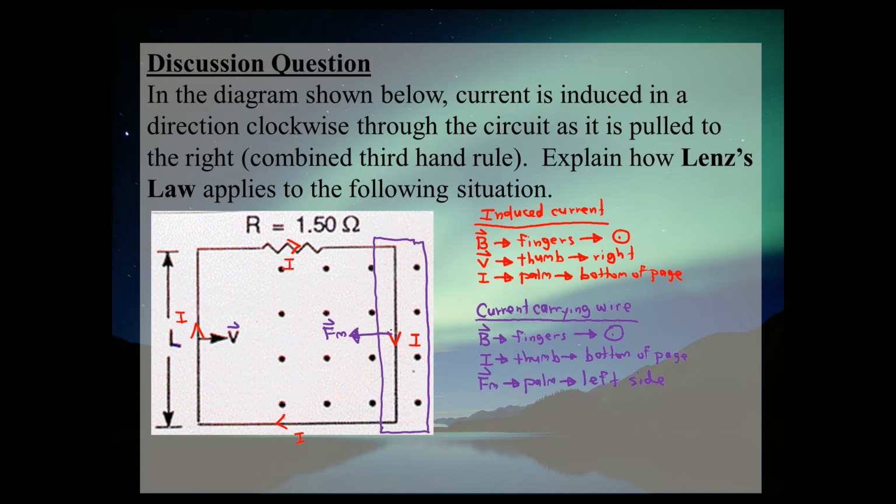So I got some induced current that on this segment of the wire is towards the bottom of the page. The direction of this induced current is always going to be set up in a way that opposes what you're trying to do. So I'm trying to move the wire towards the right, and as a result of inducing this current, I end up getting a deflecting force towards the left. So the wire or the circuit is going to be slowed down as a consequence of Lenz's law.